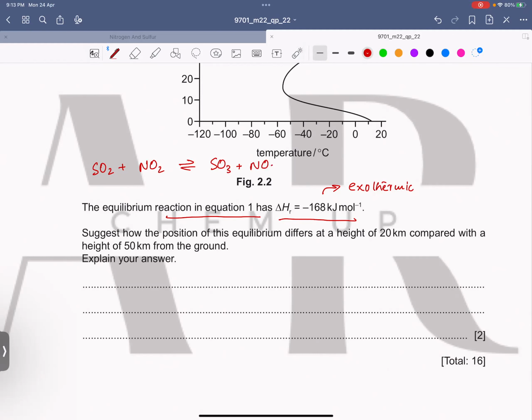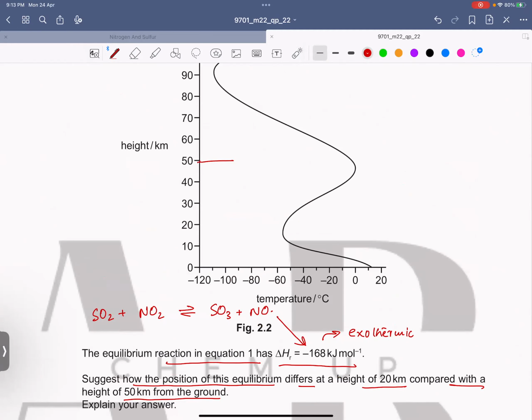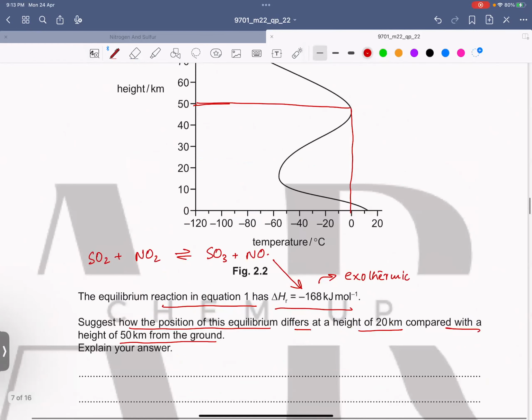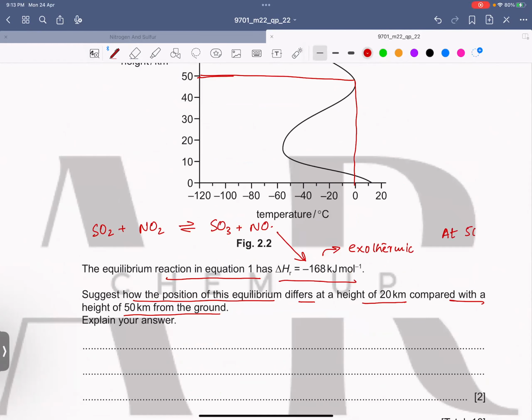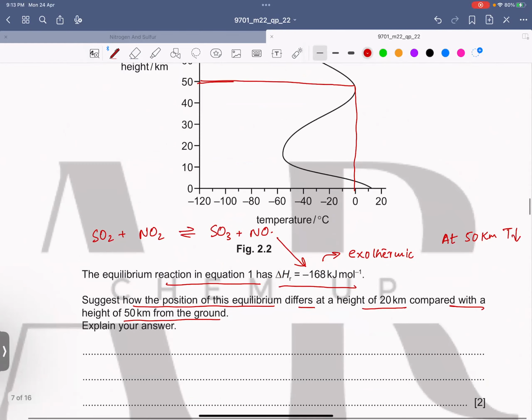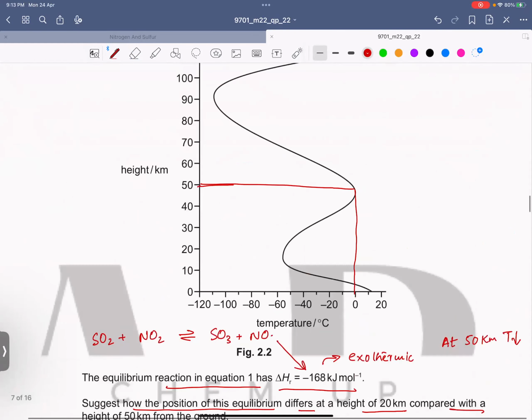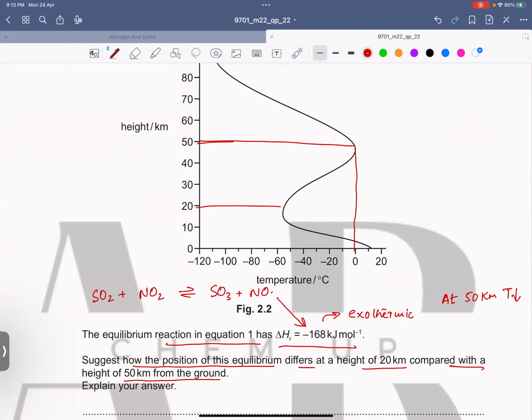SO3, and this is how the equilibrium differs at a height of 20 kilometer compared with a height of 50 kilometer from the ground. At 50 kilometer height, the temperature is around 0, so I can write over here that at 50 kilometer, the temperature is lower. Now let's look at the height of 20.